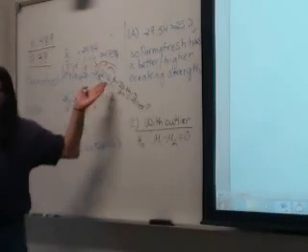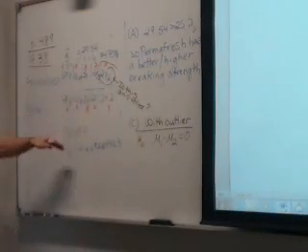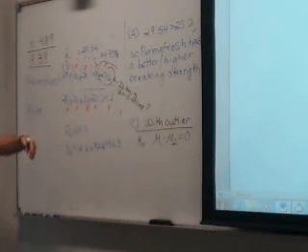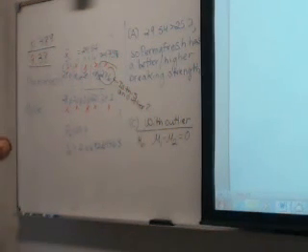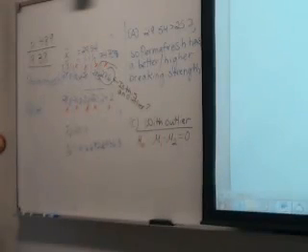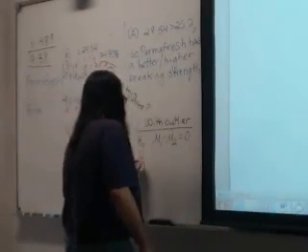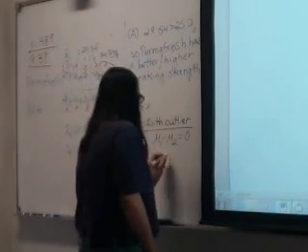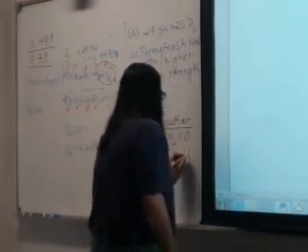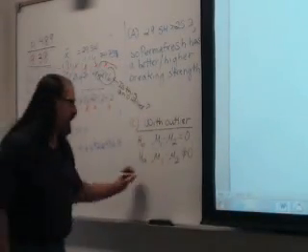Now, really, since x1 bar is bigger than x2 bar, I'd want to see if mu1 is greater than mu2. Mu1 minus mu2 greater than 0. But they want us to do a two-sided test, so let's do that. Just not equals there.